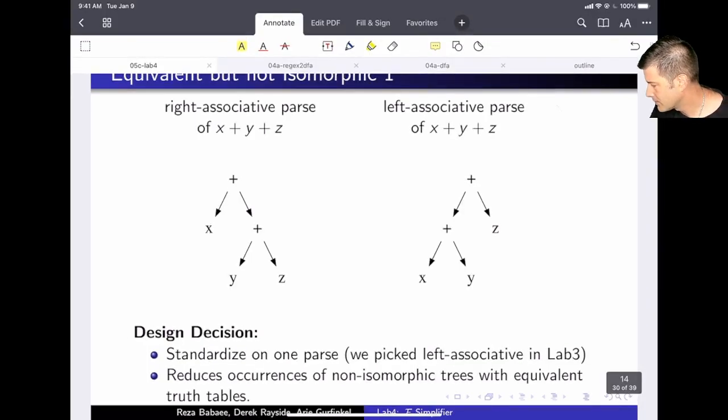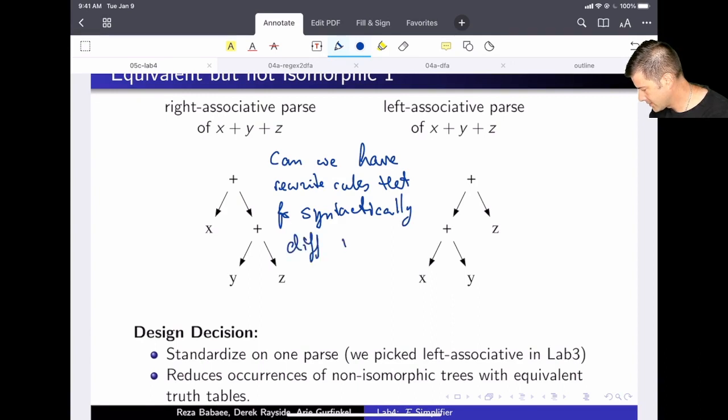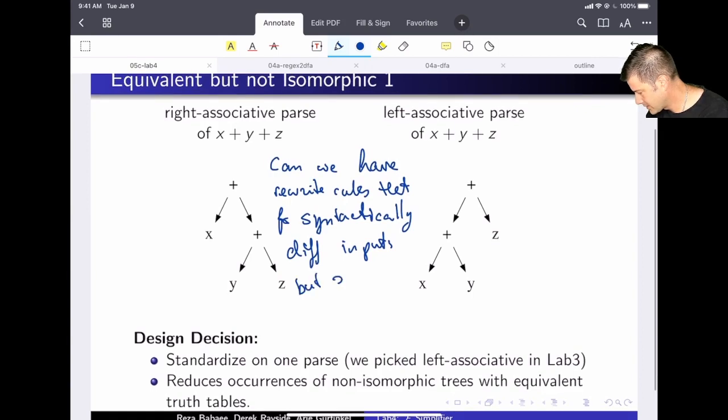So I'm going to pause and wait for this question to be answered. Syntactically different input, but of course, semantically equivalent, give the same result.